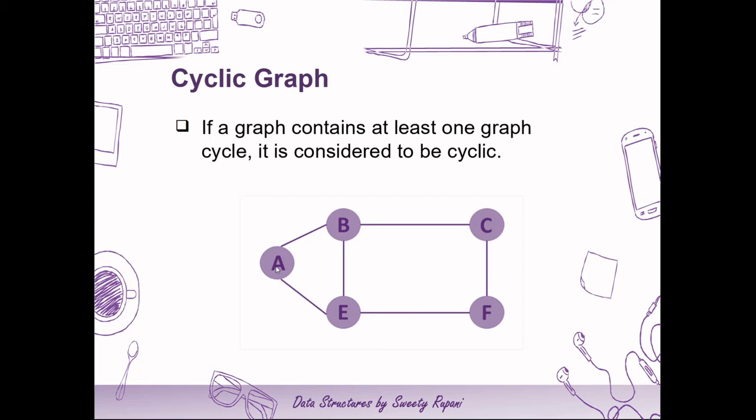You can see over here in this graph, if I start from any vertex, I can reach back to that particular vertex after traversing some of the nodes. So this type of graph is represented as a cyclic graph, when I start from a particular node and I have a full path to come back to that particular node. So at least one cycle should be present in the graph to make it a cyclic graph.